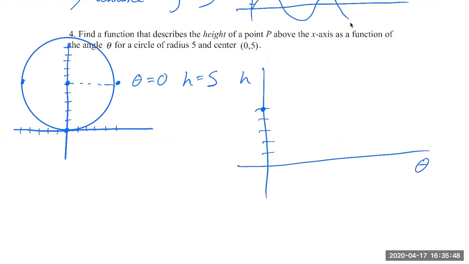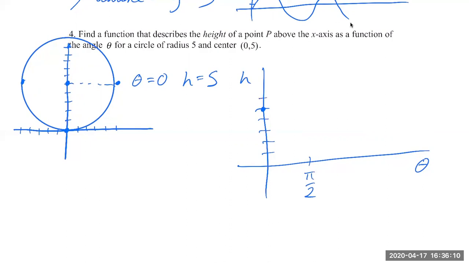Let's move our way along. So if we move up to an angle of pi over 2, at this stage, we've got a height now of 10 above the x-axis.